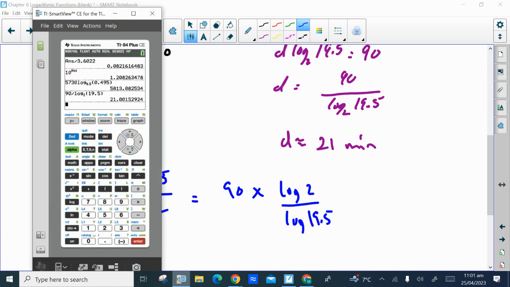You'd only have to do this if you didn't have that log function where you can put any log with any base in there. So it'll be 90 times the log of 2, close the bracket after the 2, divided by the log of 19.5. It gives you exactly the same answer.